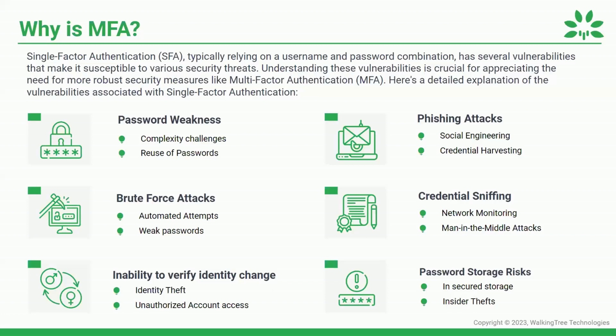These automated attempts can help hackers steal your username and password and get unauthorized access to your accounts. Credential sniffing over the network, like monitoring a network, man-in-the-middle attacks, using these kinds of mechanisms hackers can steal your username and password to get unauthorized access to your account.